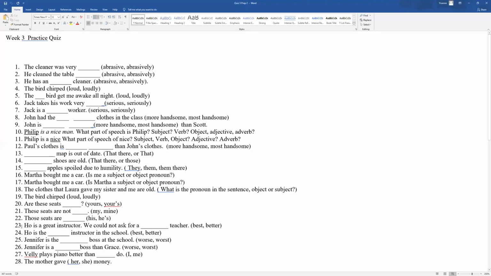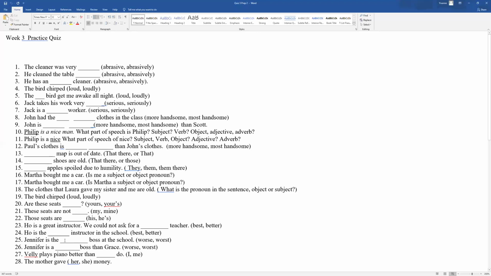"Professor Ho is a great instructor." We could not ask for a better teacher, because "best" is when you are comparing to everybody. "Better" is when you are comparing just two things. "Professor Ho is the best instructor in the school." Then you are comparing to an entire group, so you use a superlative.